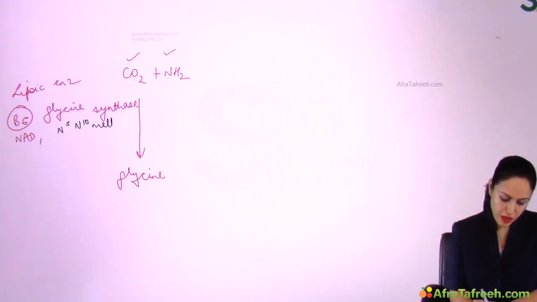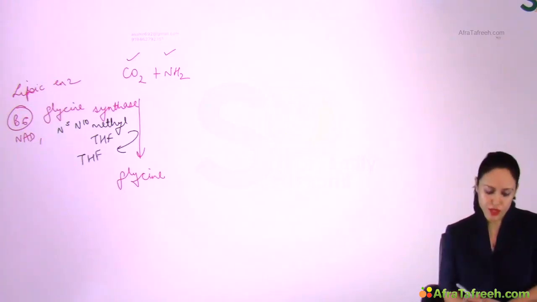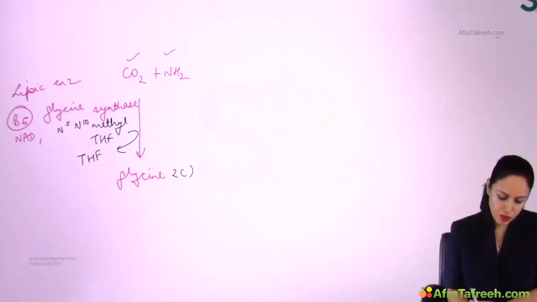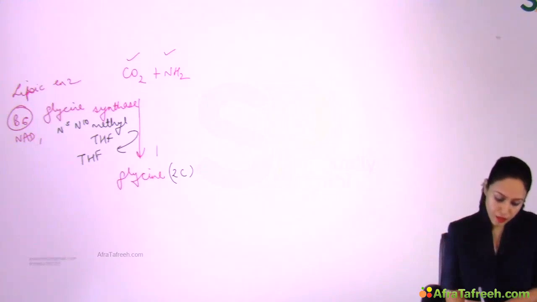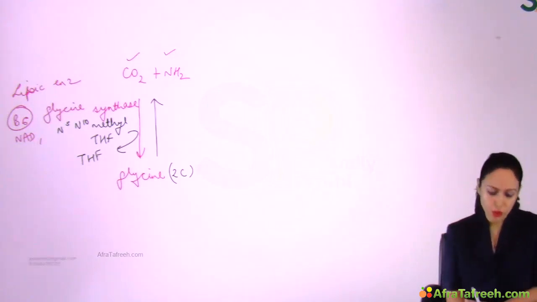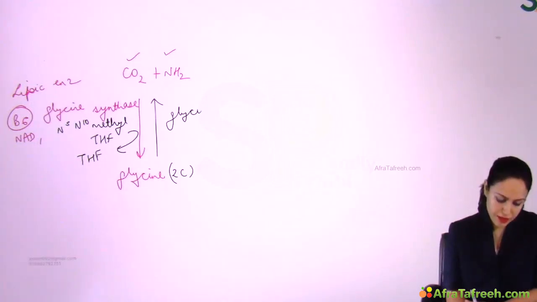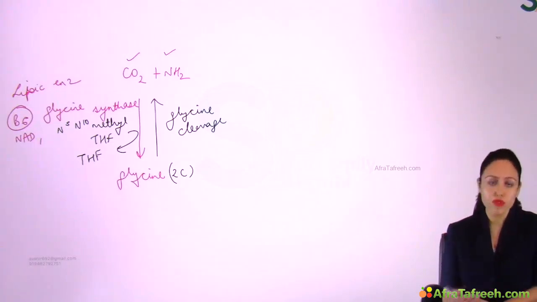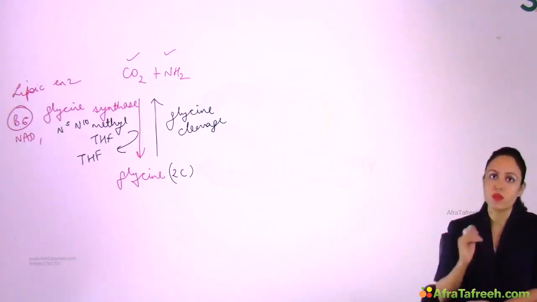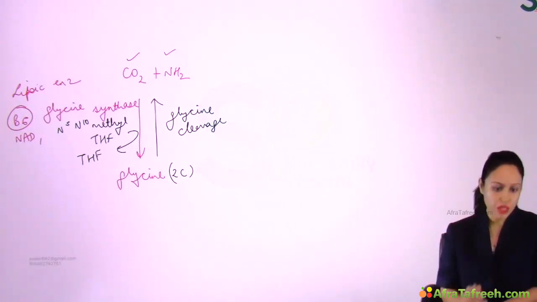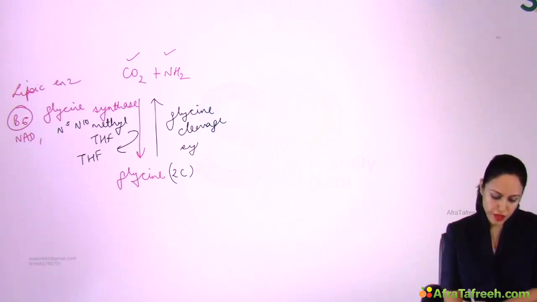Here N5N10 methylene tetrahydrofolate will be giving methyl group, making tetrahydrofolate. Now glycine is having 2 carbon. Glycine can be again broken down to carbon dioxide and ammonia by glycine cleavage system, and now the methyl group is removed, and again tetrahydrofolate will be converted to N5N10 methylene tetrahydrofolate. This is done by glycine cleavage system.